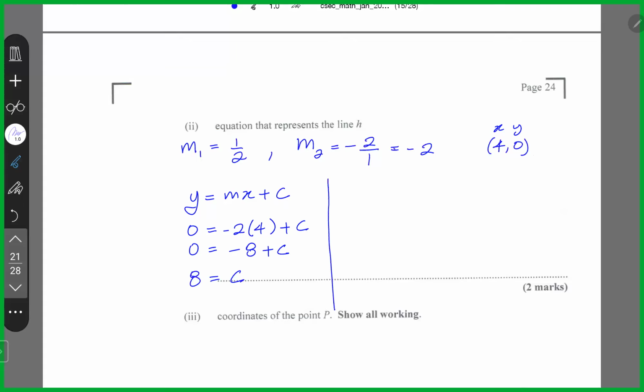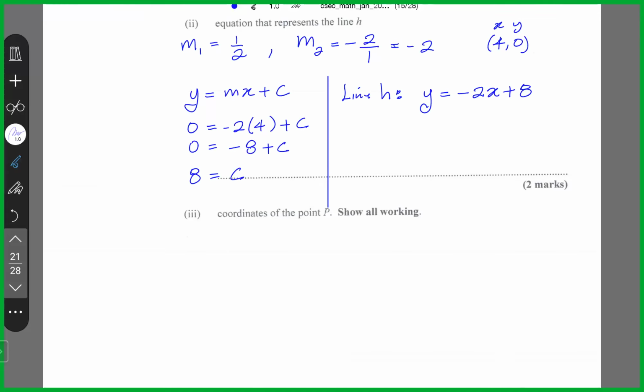So the line H is y equals m, which is -2, x plus c, which is 8. The line H has equation y equals -2x plus 8. Now, we're to determine the coordinates of P, and we are to show all working.